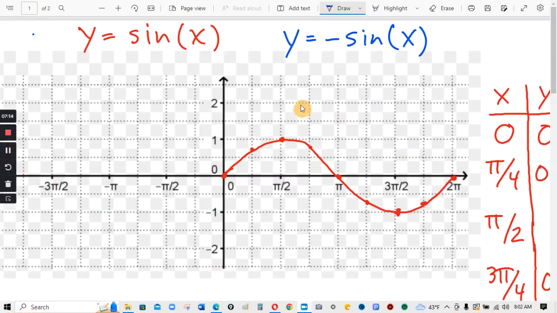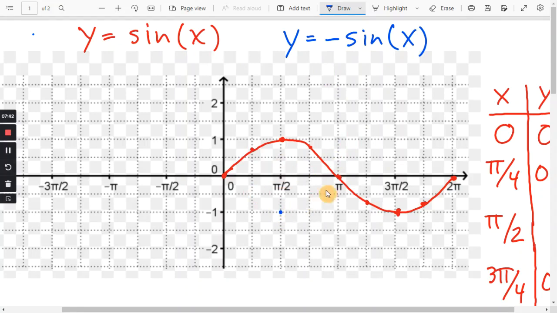So while I'm here, we might as well do y equals a negative sine of x. So we basically took the function and multiplied it by -1. And what that does is cause a reflection about the x-axis. So the x-axis acts as a mirror when you multiply the entire function by -1. So it's going to be the same thing, but just flipped over the x-axis.